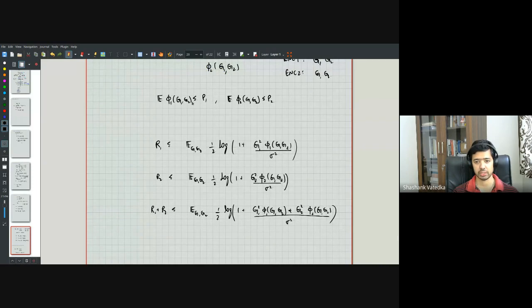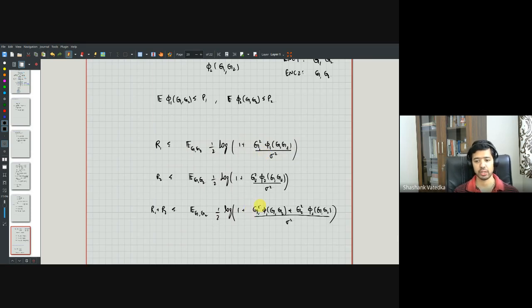You want these to satisfy the respective power constraints. So the expectation of each of these Phi's is less than or equal to Pi. And the rate expression is essentially similar, right? So it's expectation half log 1 plus channel coefficient square times the power divided by sigma square.